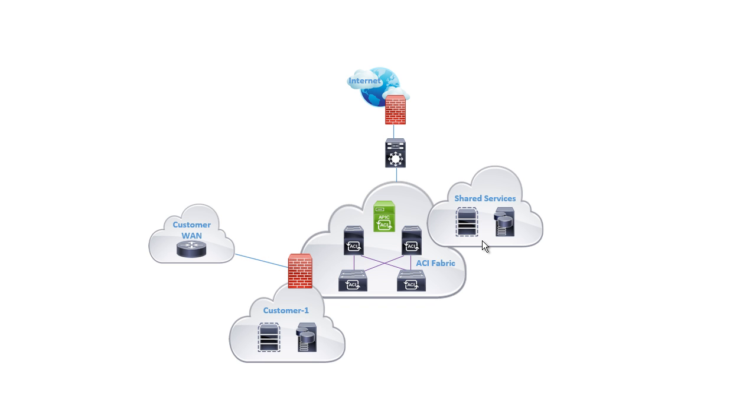So the design here is that the north-south firewall for the customer is going to be the ASA cluster, and then we're going to rely on the ACI fabric's whitelist security model for the east to west firewall segmentation and protection. And we're going to provide a shared layer 3 out, connecting out of the ACI fabric to get out to the internet and for traffic to come back.